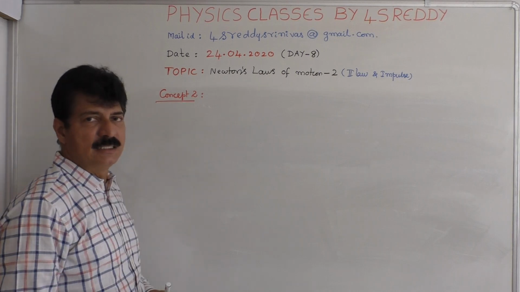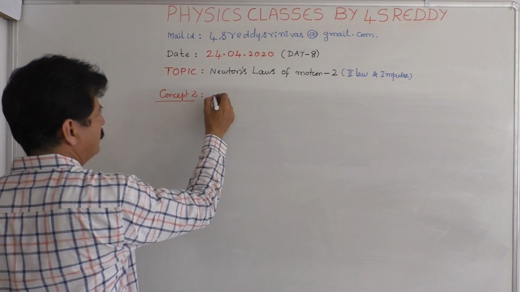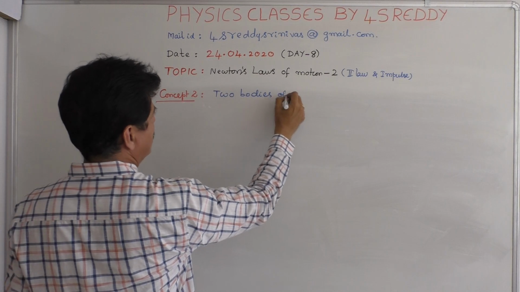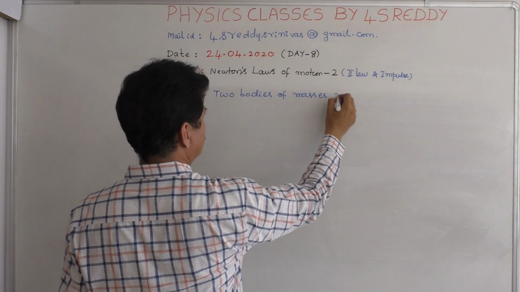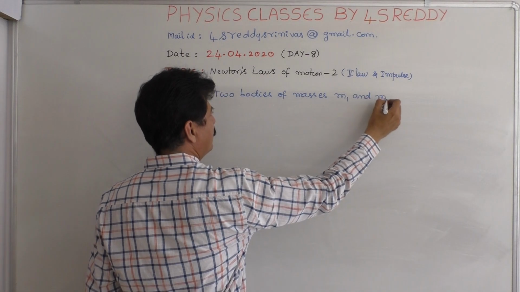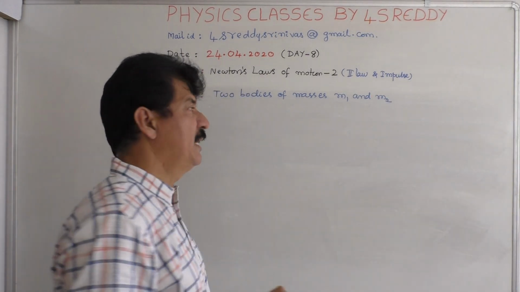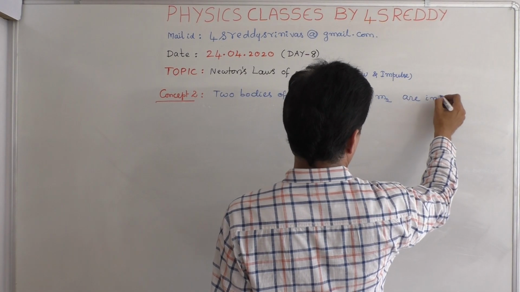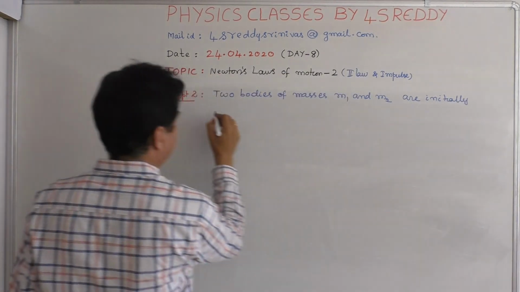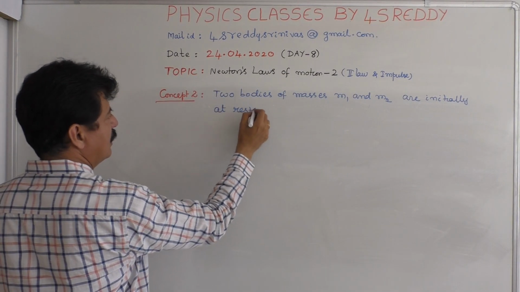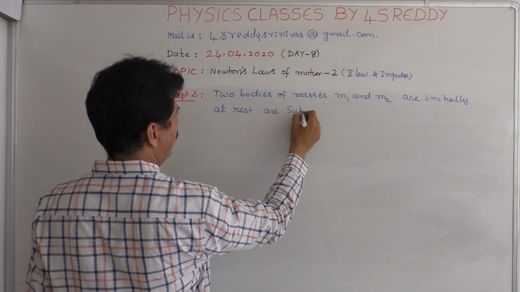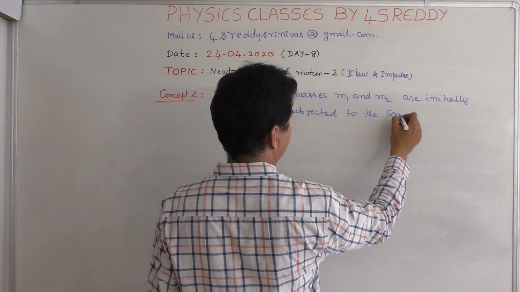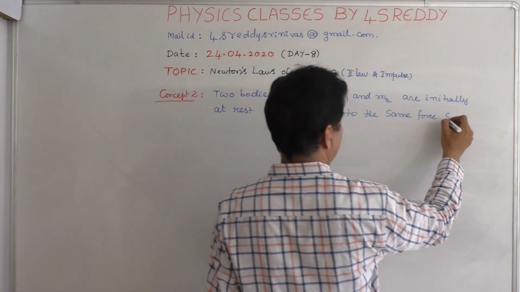You may be given that two bodies of masses m1 and m2 are initially at rest, or subjected to the same force separately.